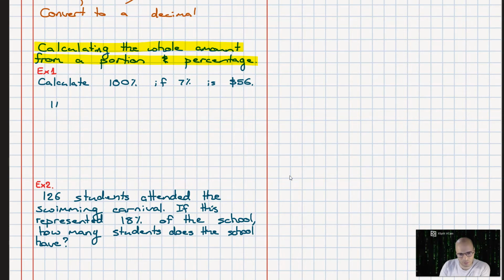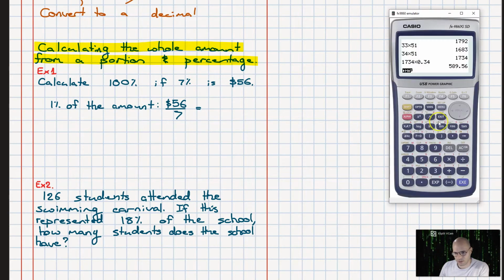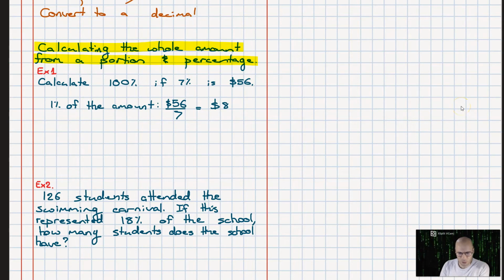So 1% of the amount is going to be equal to 56 divided by 7. We're still working in dollars, and 56 divided by 7 is 8. 1% of our whole amount is $8.